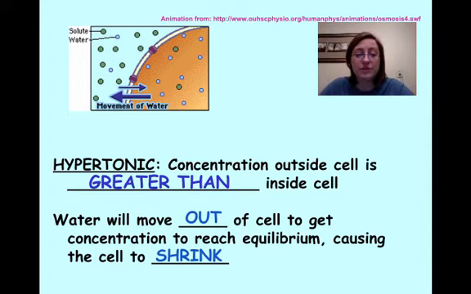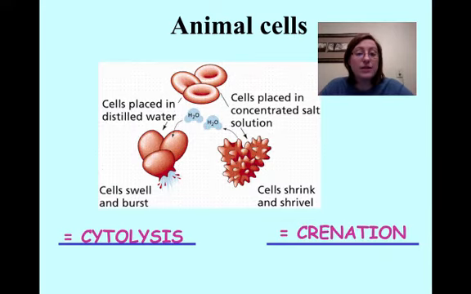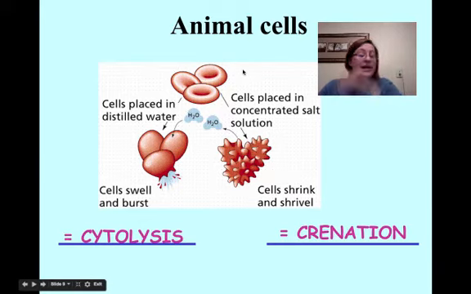So as I said before, in non-isotonic conditions, animal cells are going to be threatened in both ways. So here we have a picture of red blood cells, and actually if you go on the website under the A4 unit links, you're going to see that there's a link that shows you what happens in real life to red blood cells that are in a hypotonic condition and a hypertonic condition.